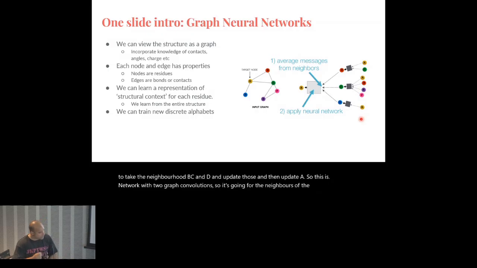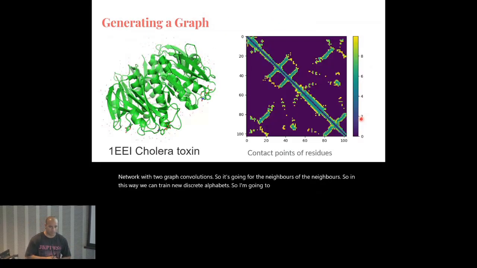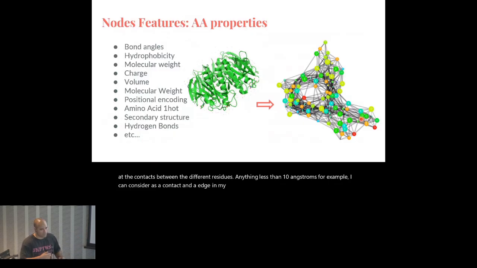So in this way, we can train new discrete alphabets. I'm going to create a graph from a protein, look at the contacts between the different residues. Anything less than 10 angstroms, for example, I can consider as a contact and an edge in my graph. And then I can label each of these nodes with lots of features. So in this case, all the physical chemical features, the bond angles, solvent accessibility, whatever you feel like. So yeah, this is also part of the project, selecting informative features.